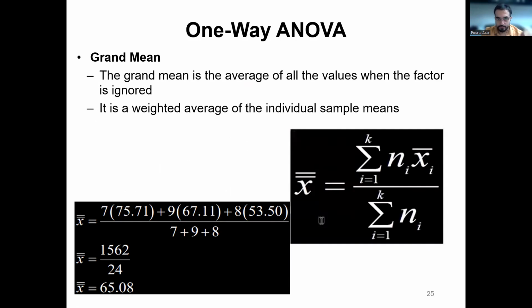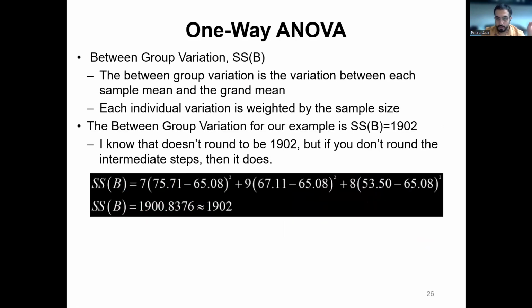So we calculate grand mean before calculating the sum of squares between and sum of squares within, or our variations. So before calculating the variations between groups and within groups, we have to calculate the grand mean first.